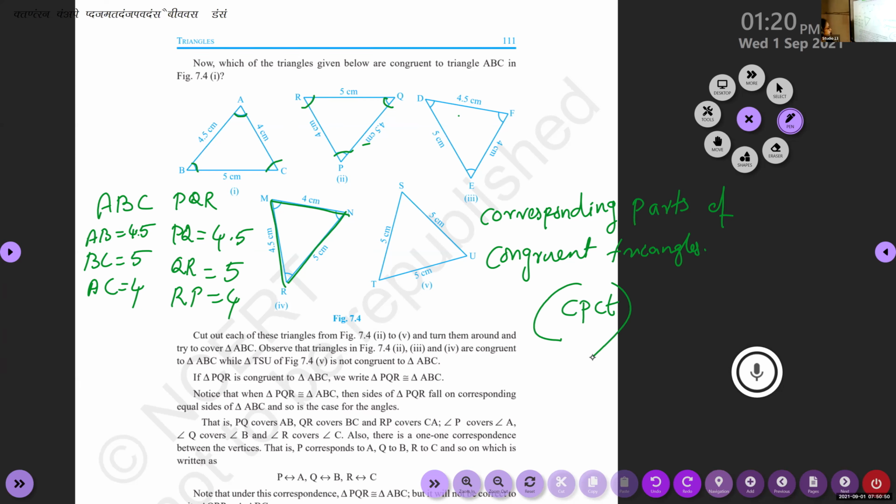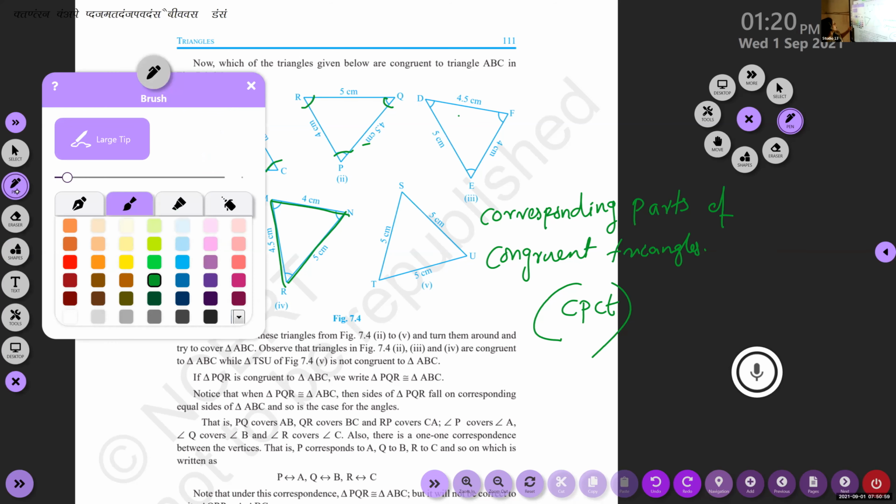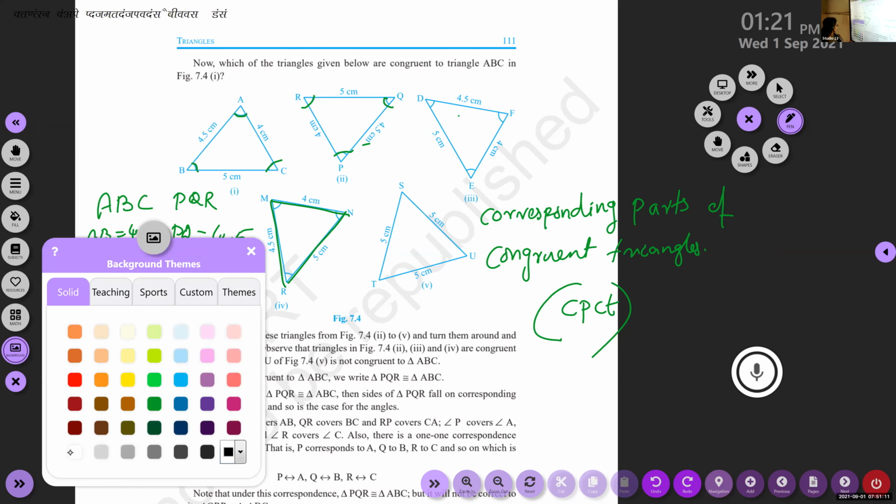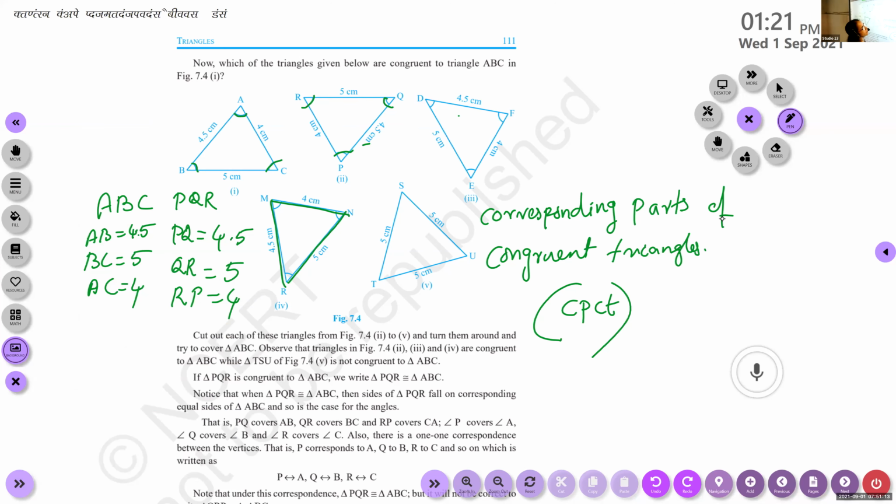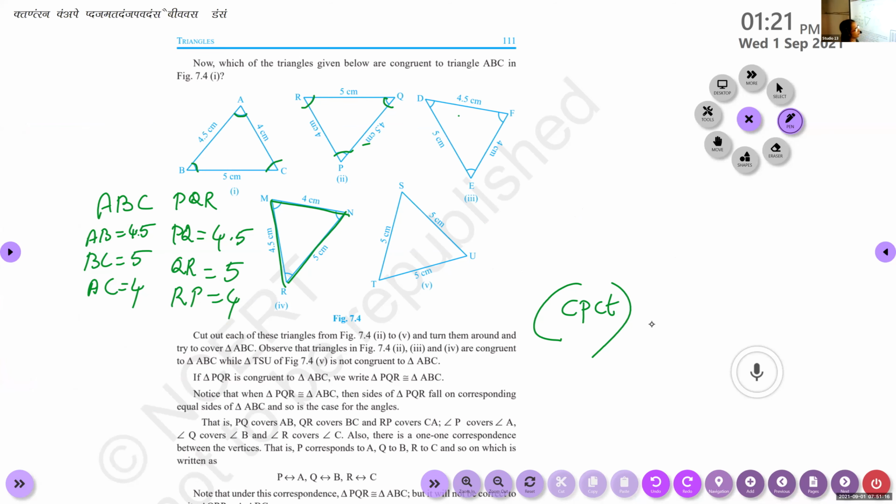So you write one sentence: if two triangles are said to be congruent, then their corresponding angles and sides are equal.